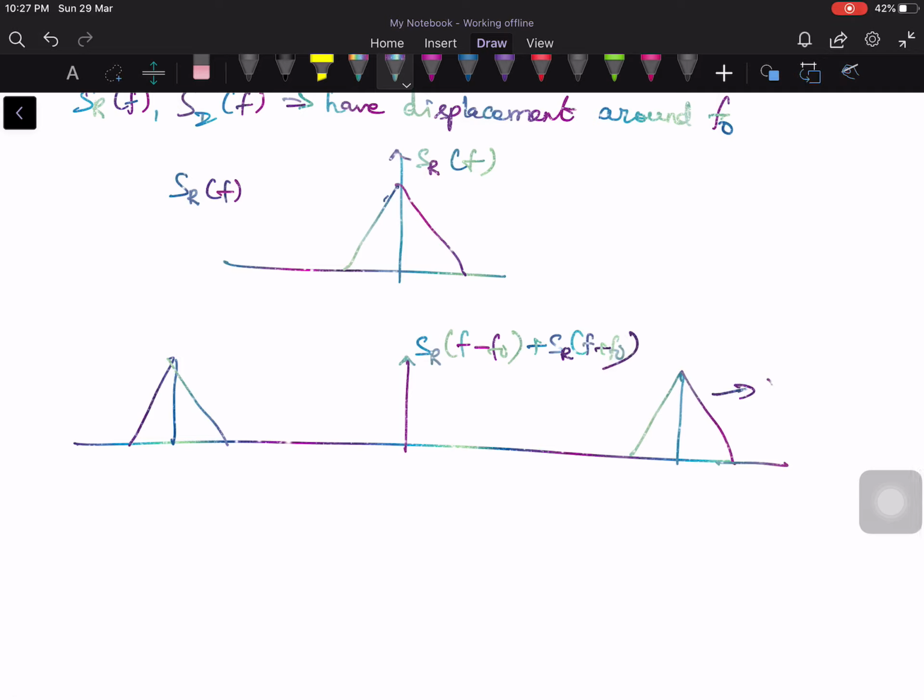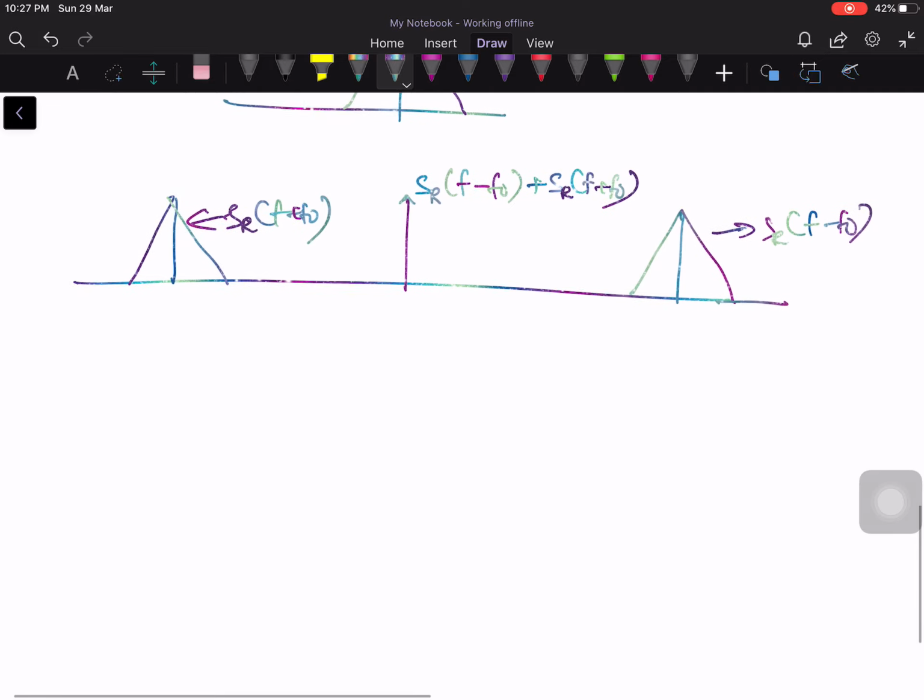This one represents s sub r of f minus f naught, and this one represents s sub r of f plus f naught. So the spectrum is displaced by an amount equal to the carrier frequency f naught. So this is a passband pulse spectrum.